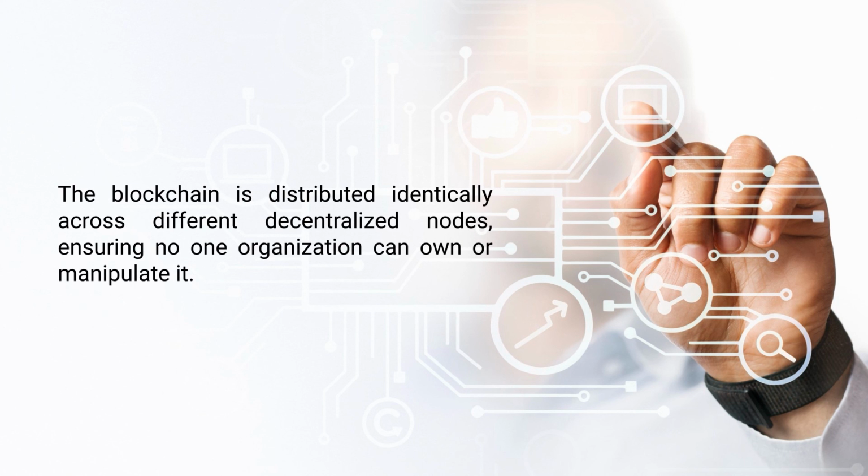The blockchain is distributed identically across different decentralized nodes, ensuring no one organization can own or manipulate it. In this session, we studied the definition of DLT, distributed ledger technology, from which the complete base of blockchain technology is derived. We have seen the characteristics, how the blockchain works, and what types of blockchains there are. These are the major things that we covered in this session.